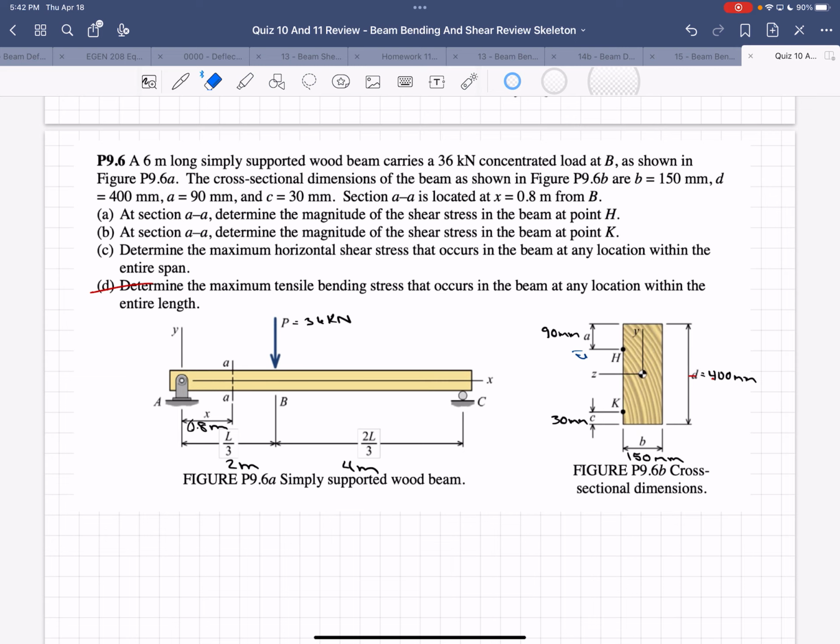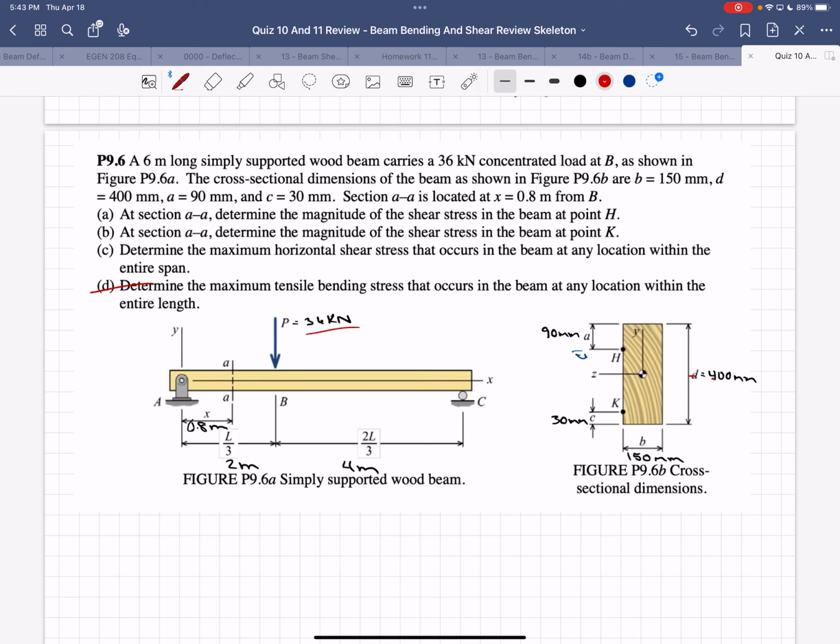Okay, so let's do this one. Let's see what we know. We have this equals 6 meters. So there's 2 meters here, and there's 4 meters here. And it carries a 36 kilonewton load. The cross-sectional dimensions are written there too.